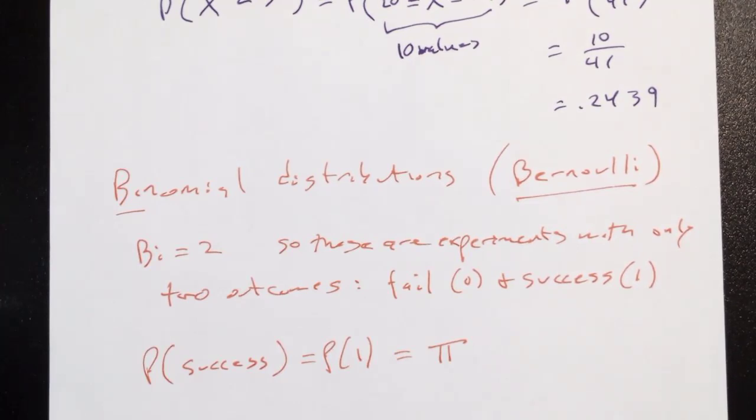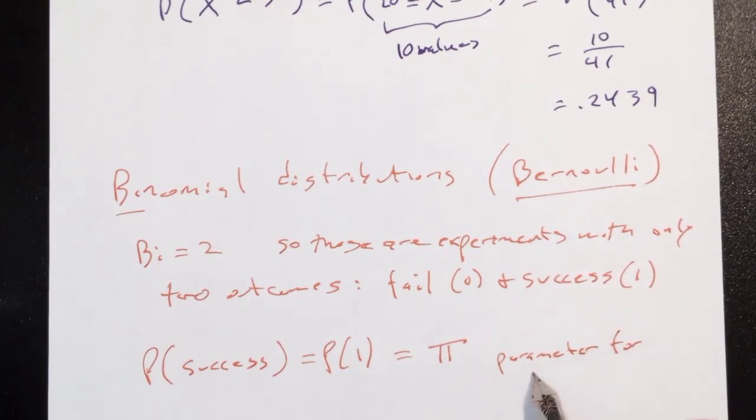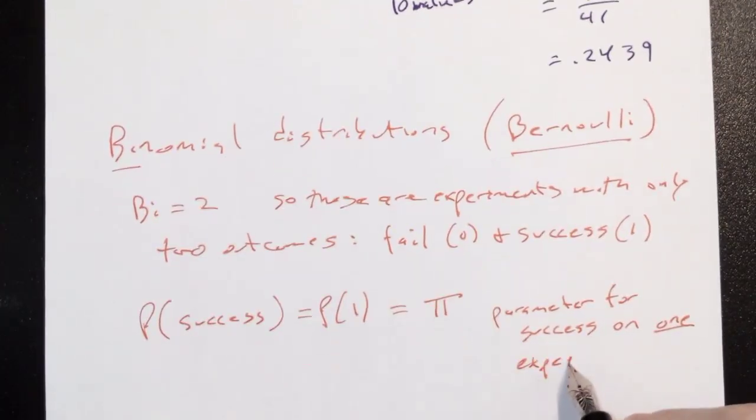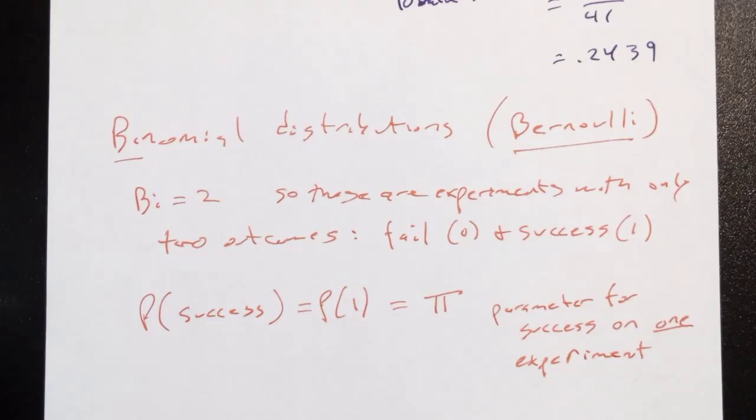Some books will just use the letter p, lowercase p, but we're thinking of this as the parameter for success on one experiment. With our coin, we were counting how many times the coin came up heads. And so the chance of success was 50%. It was either heads or tails.